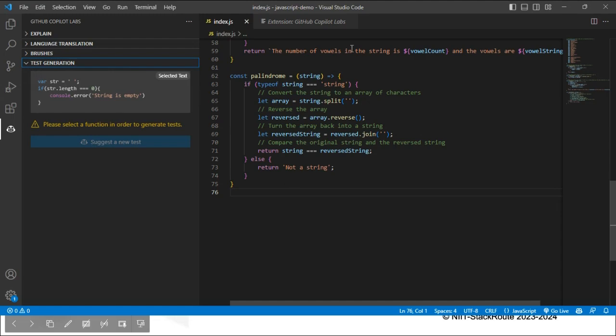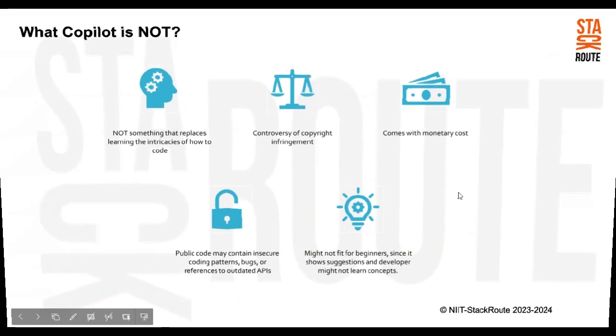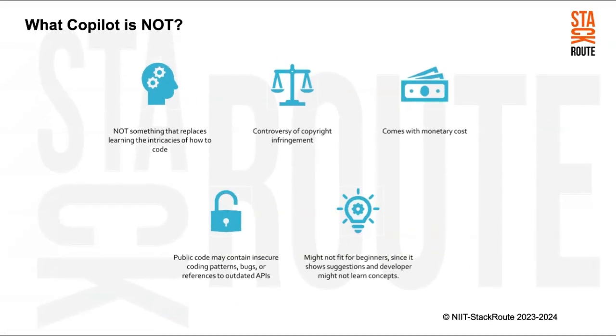So that was all for the demo of GitHub Copilot Labs as well as GitHub Copilot. Hope you have understood the usage of it. Just by typing the comment, it has suggested us the lines of code based on our writing style, the pattern of code, and so on. Now coming to what Copilot is not.